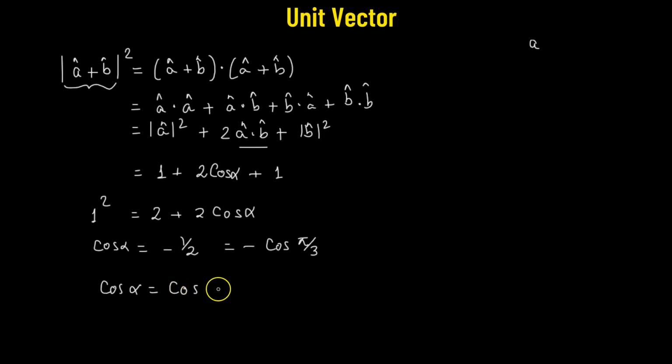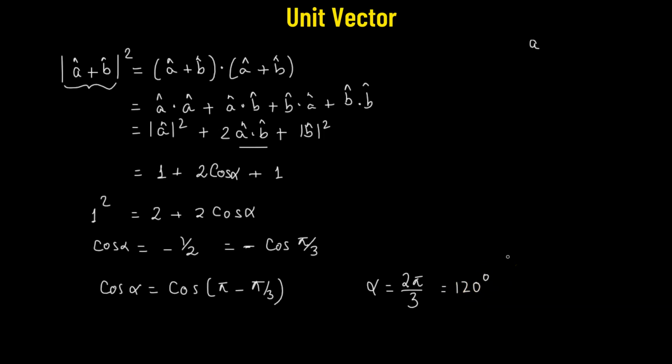If we take cosine of pi minus pi over 3, this takes care of the negative sign, and now we are in the second quadrant. In the second quadrant, the cosine is a negative value, and pi minus pi over 3 is 2 pi over 3. So our value of alpha is going to be equal to 2 pi over 3 radians, and converted to degrees, that will be 120 degrees.